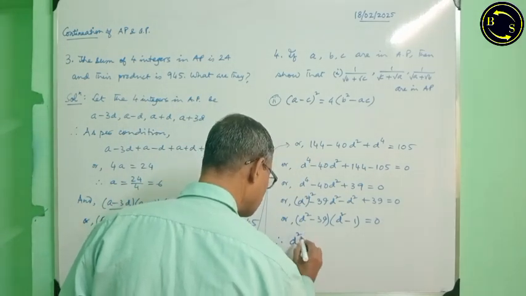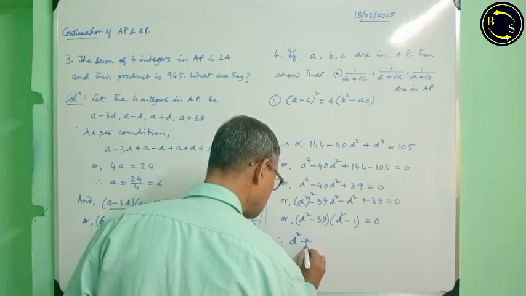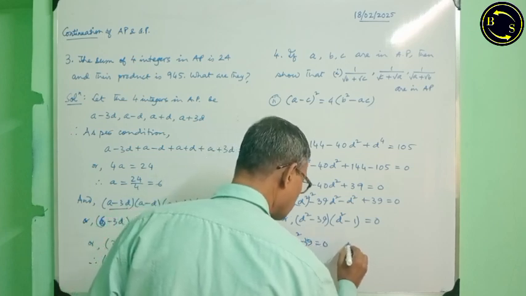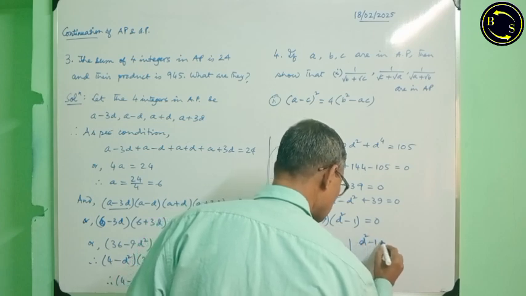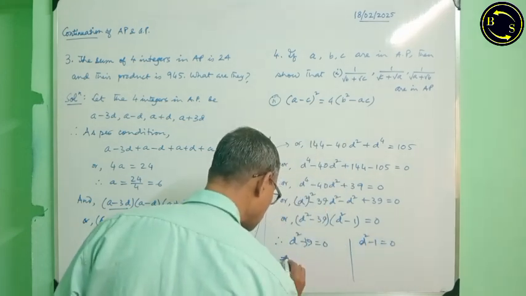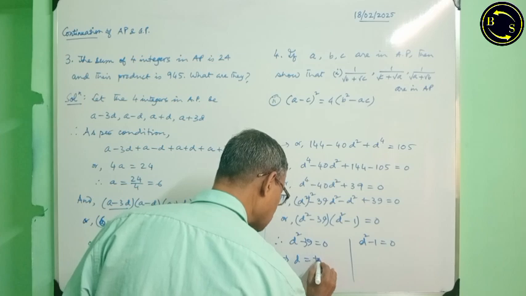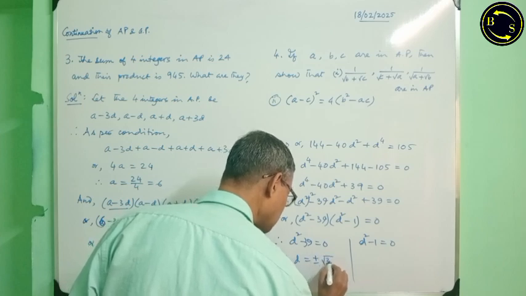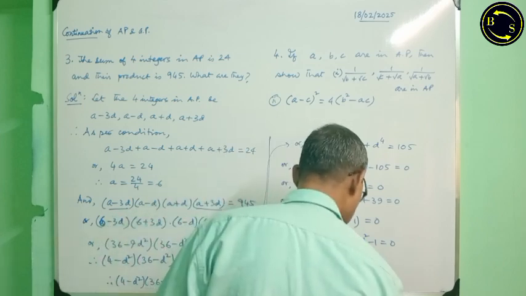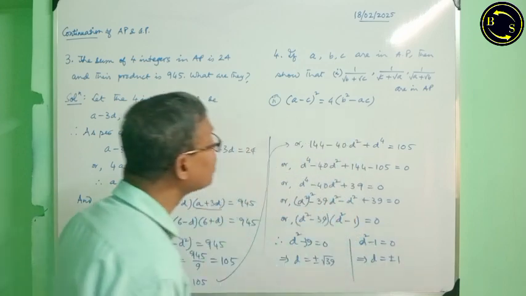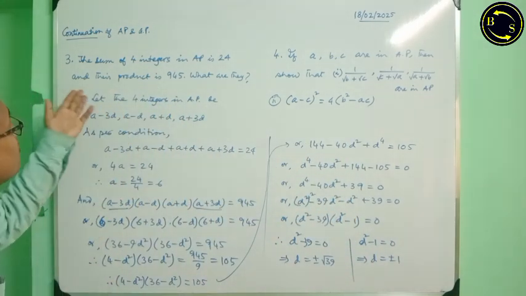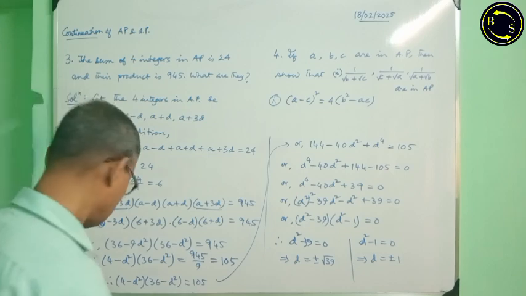Therefore, d square minus 39 equal to 0, d square minus 1 equal to 0. From this we get d equal to plus minus root over 39, and from this we get d equal to plus minus 1. Now the given numbers are integers.